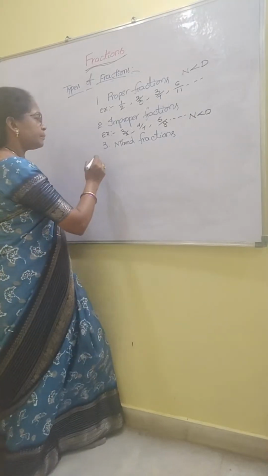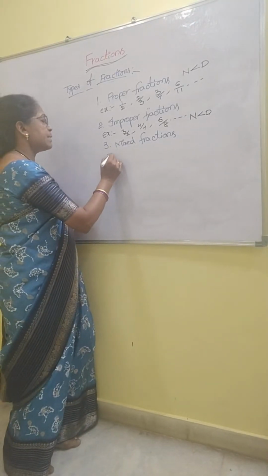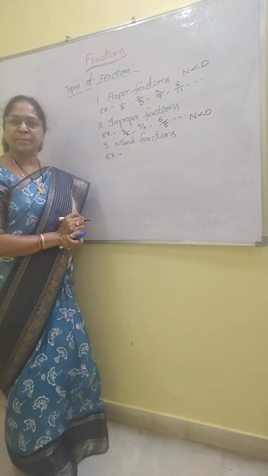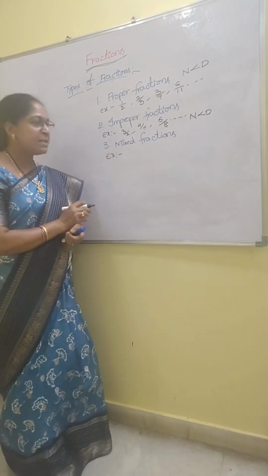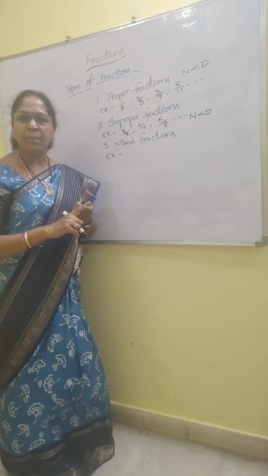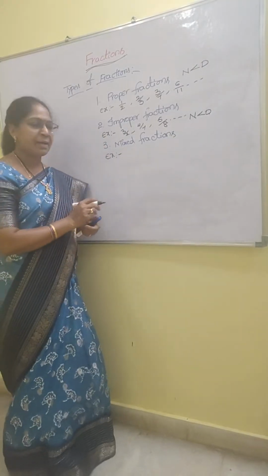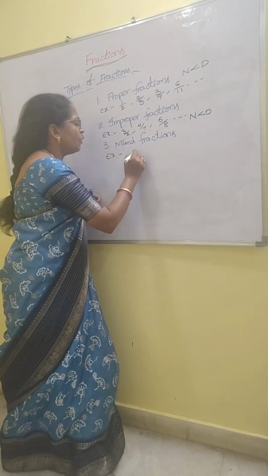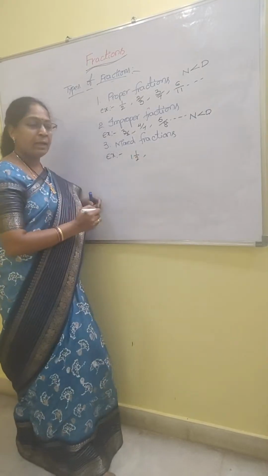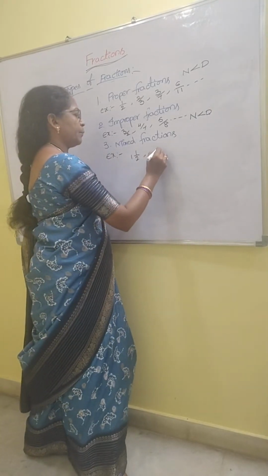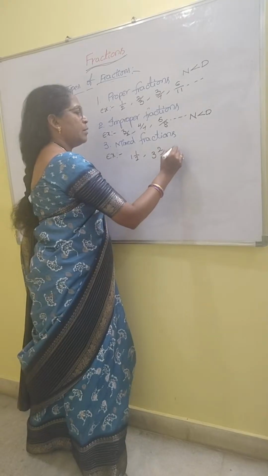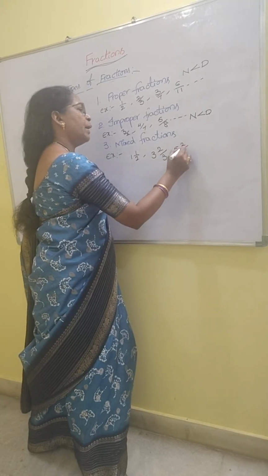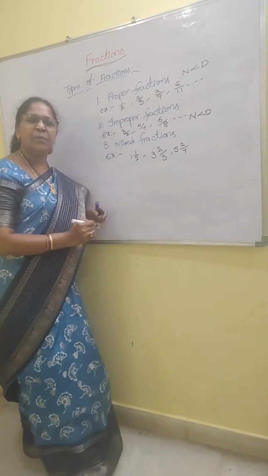Now here, last one is mixed fractions. Mixed means in this mixing of whole number as well as the proper fraction. Suppose for example, 1 1 by 2, 3 2 by 3, 5 2 by 7. Anyone we can write.